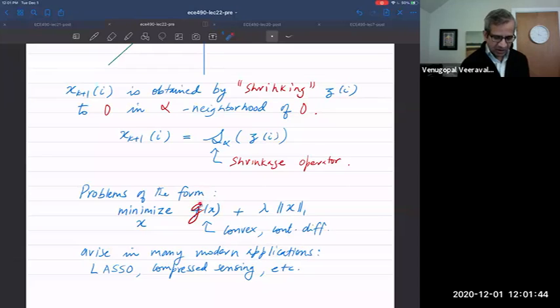So this G of X turns out to be a quadratic convex function, but then you may want to limit the number of features that you use in this approximation. X is the vector of parameters that determines your approximation, and so you want that X vector to have as few non-zero components as possible.